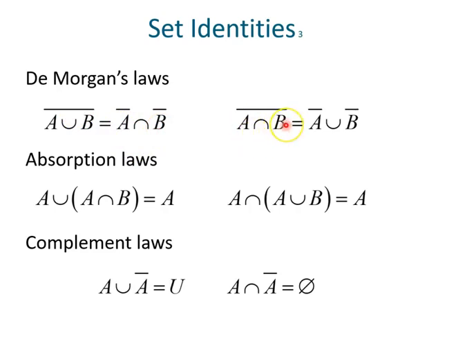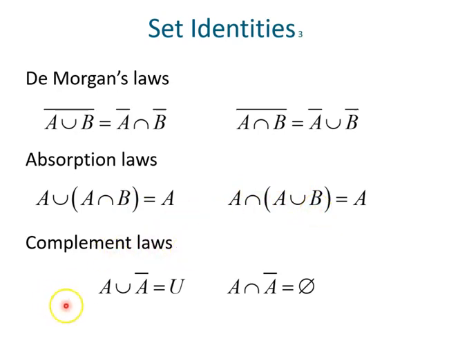Here, complement of intersection is union of complements. Absorption laws: A union with A intersection with B is just A, so B disappears. A intersection with A union with B is A, again B disappears.